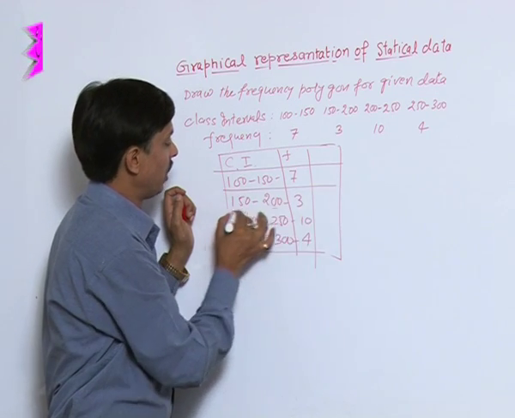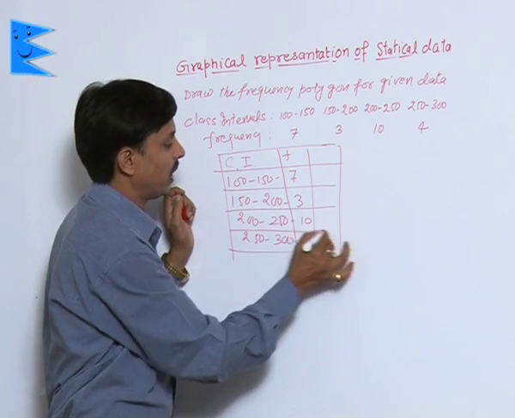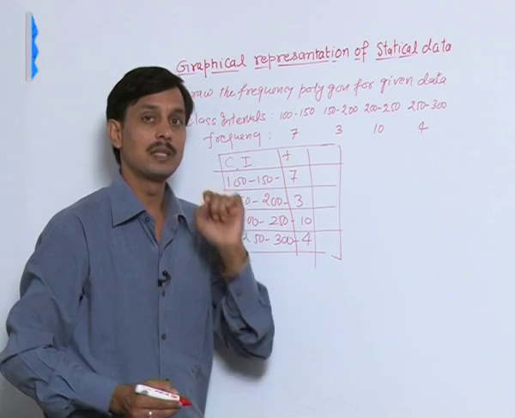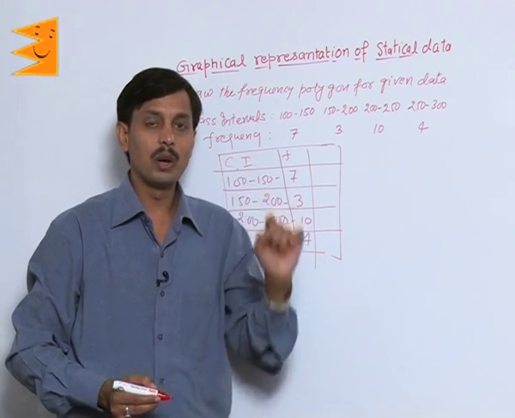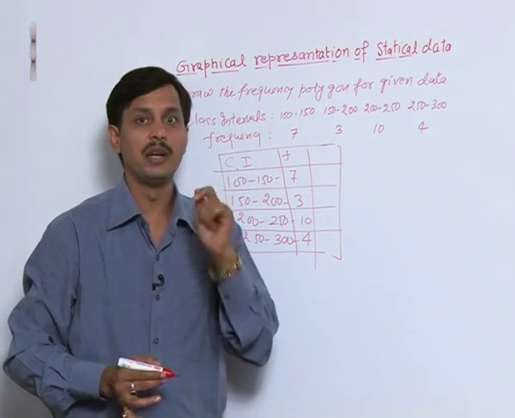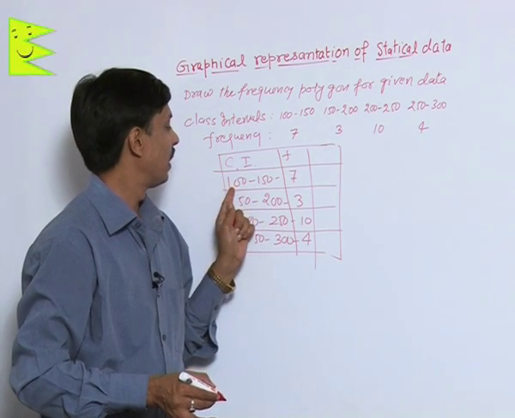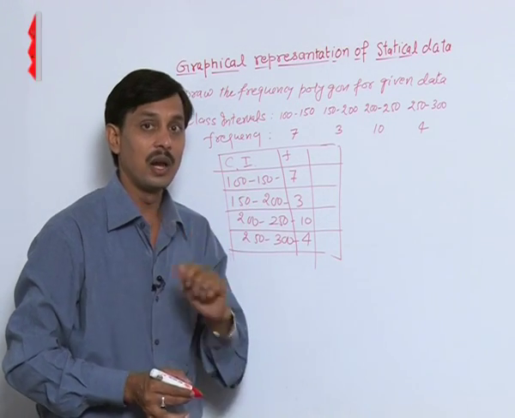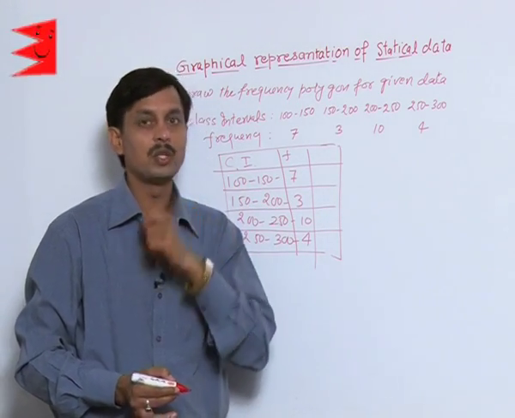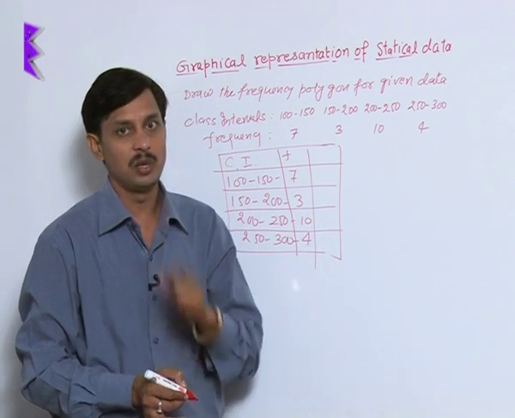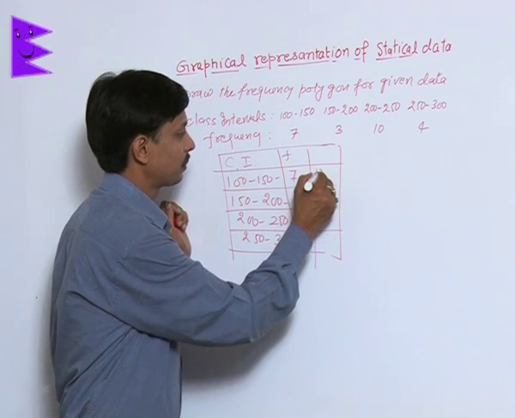I want to tell you what the class mark is. I already explained it: class mark is the lower plus upper limit upon 2 for any interval. The first interval has lower limit 100, upper limit 150, their sum is 250, divided by 2 is 125.